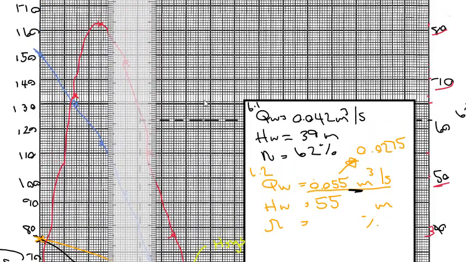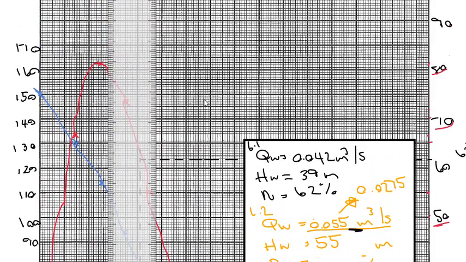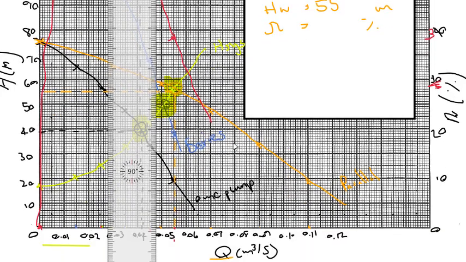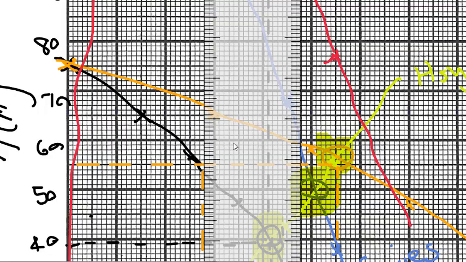Then we can scroll up and read off the efficiency. It's going to move all the way from this line here, all the way up. That's for our parallel setup here. So we've taken the 0.055 divided by 2.